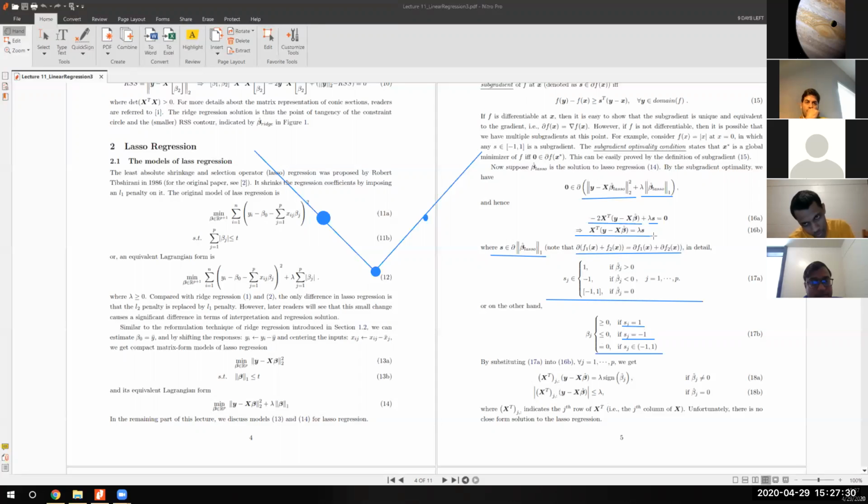And then later you get to this point. Okay, now let's substitute 17a into 16b. This 16b is actually the subgradient optimality condition here. And if I substitute this Sj inside, first of all, you're going to see what? First of all, if your beta is not 0, then your Sj equals the sign of beta j.